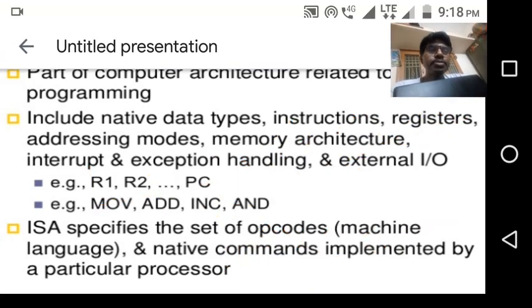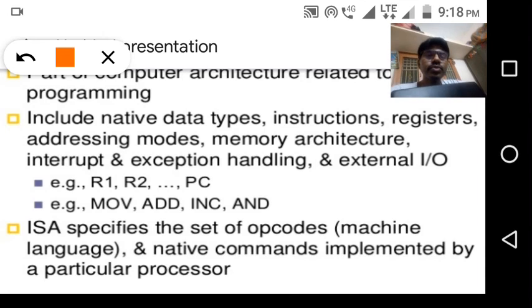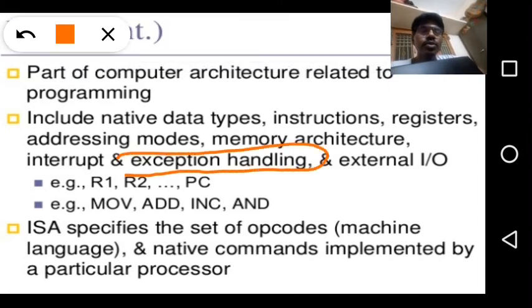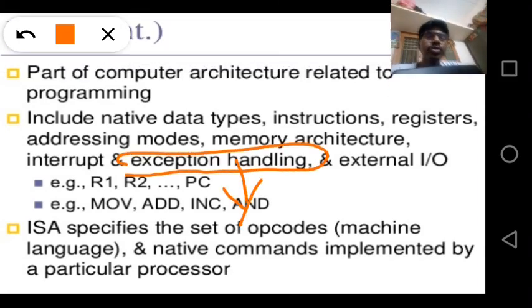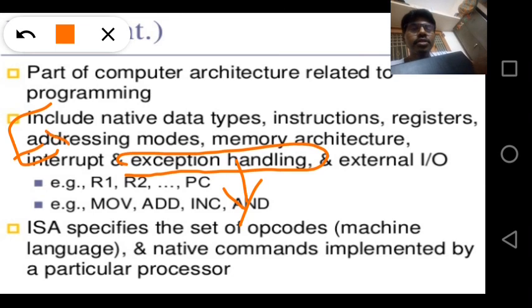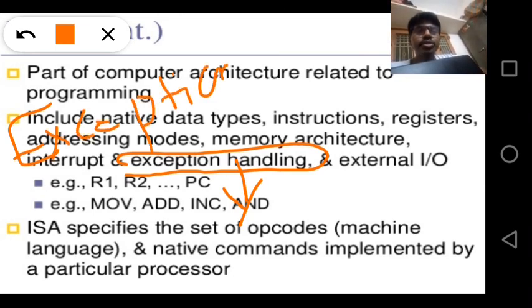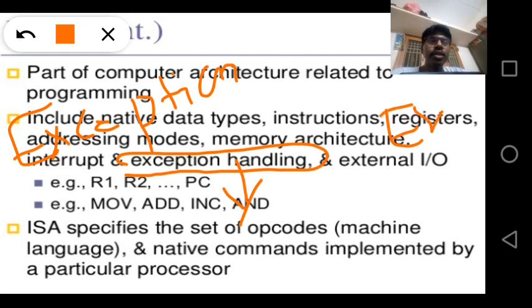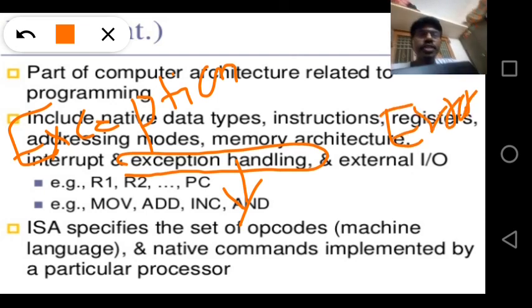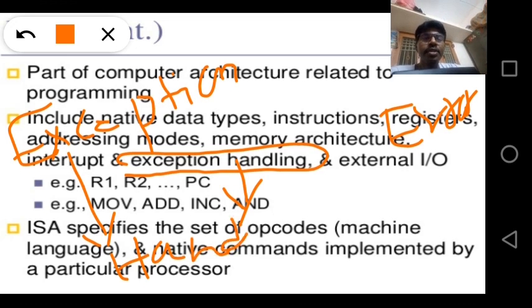Next is exception handling. You should understand what is meant by an exception and an error. Remember, an exception is something that can be handled.